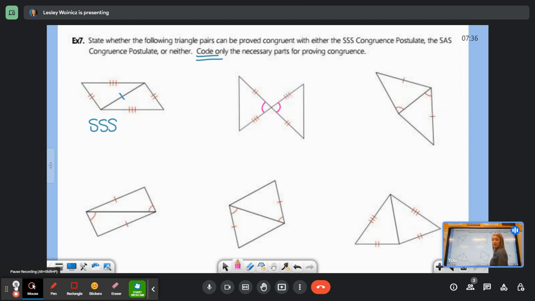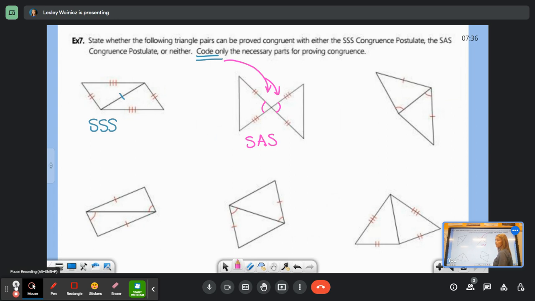They form a pair of vertical angles right there. So I have two sides and the included angles. Okay, the code is the marks, the ticks, the arc marks for the vertical angles, and these are congruent by side, angle, side. That's all I have to do.